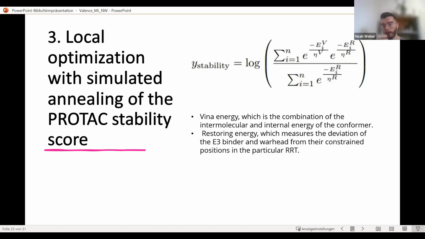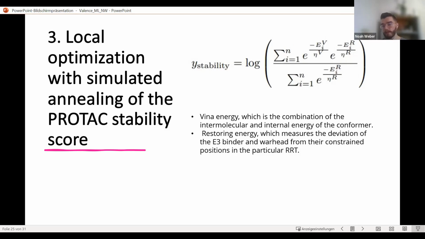And the core part of it, or let's say the proprietary part of the whole step 3, is the definition of the PROTAC stability score, which consists of the Wiener energy, which is the E with a V exponent, and the restoring energy, which is E with the R exponent.